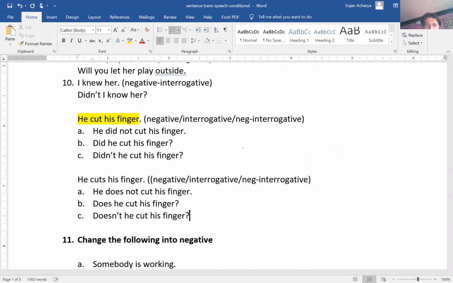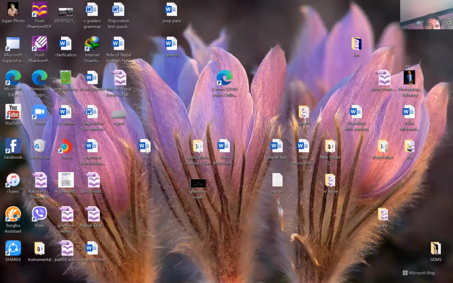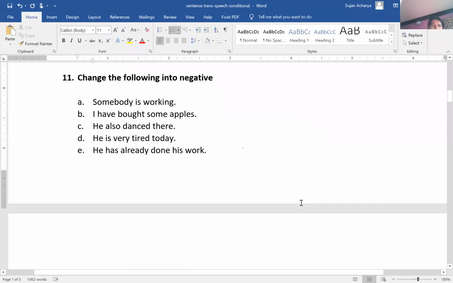I have one more file. Let me check whether I have it. I will find it or not. Where I have used some different kinds of verbs. Let me search for it first. Okay, first complete these.